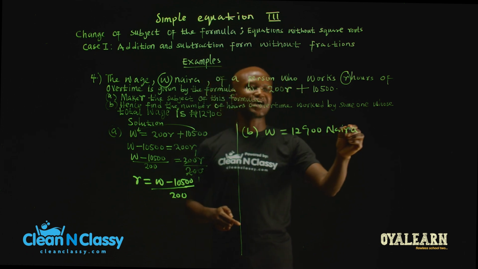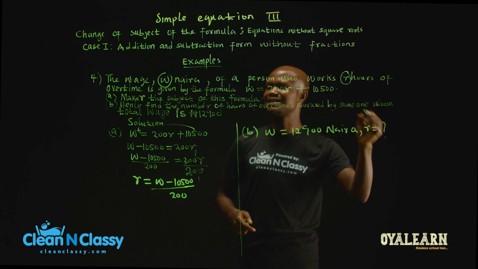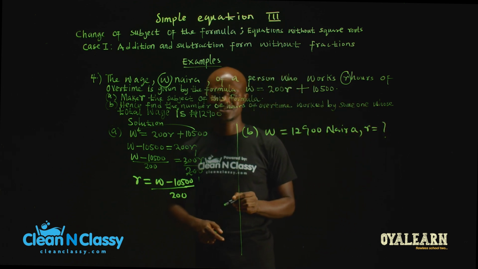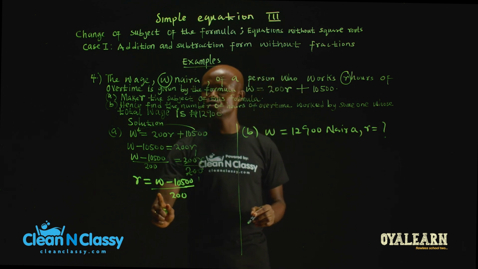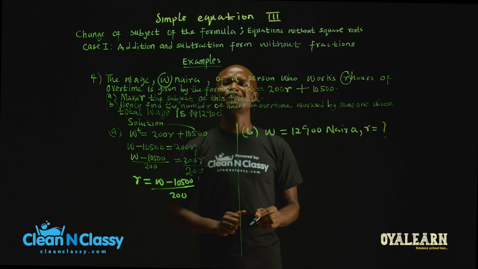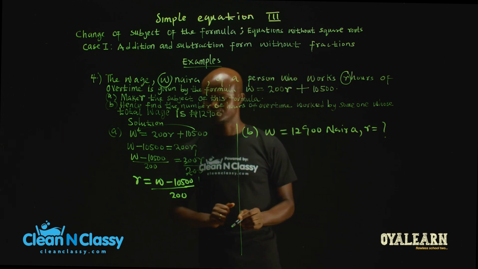Now, we want to solve for the value of R, because that is the number of hours. So we are going to use the result of the first part of this problem to solve for R.